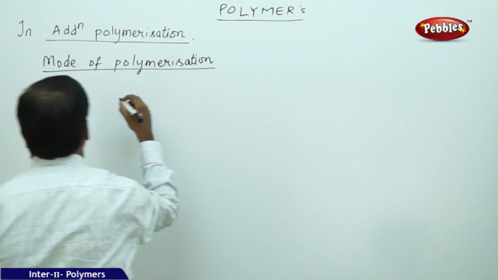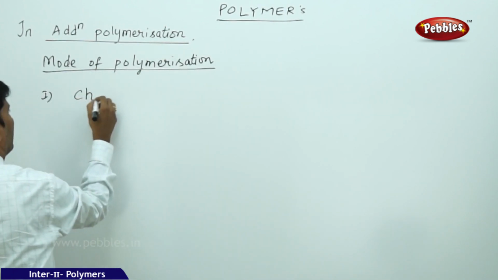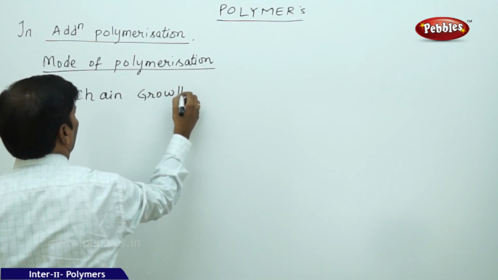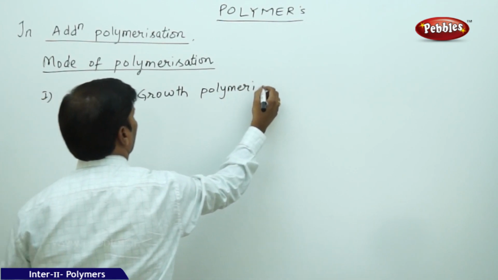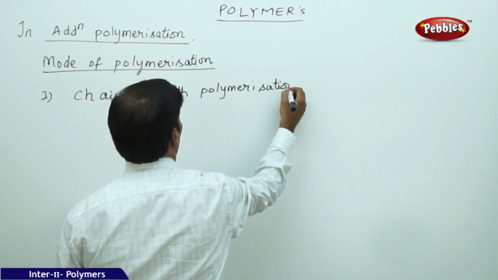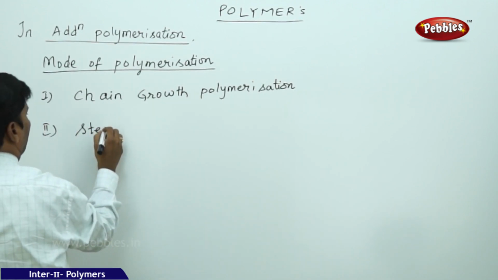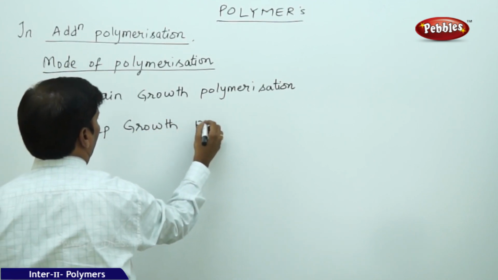In this mode of polymerization we have chain growth polymerization, and the other one is step growth polymerization.